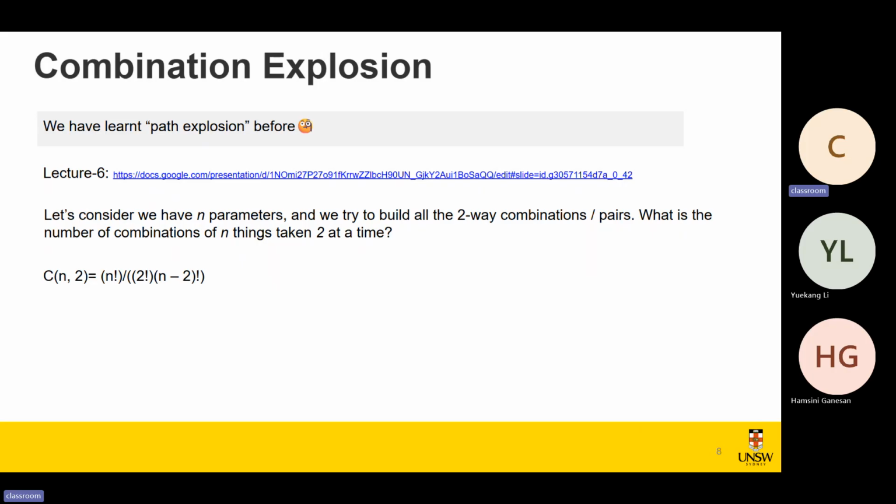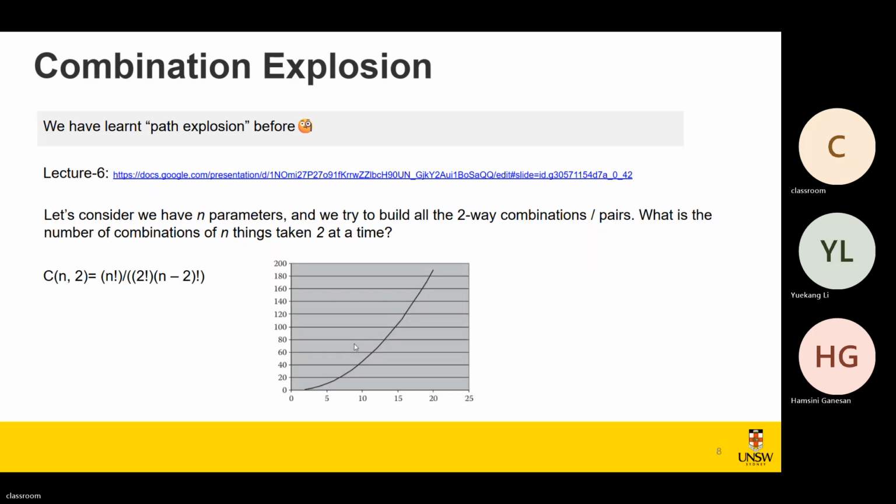Is it faster or slower? n times n minus 1 divided by 2 is growing faster, right? If we consider the x-axis as the value of n, then this is roughly how the curve looks.